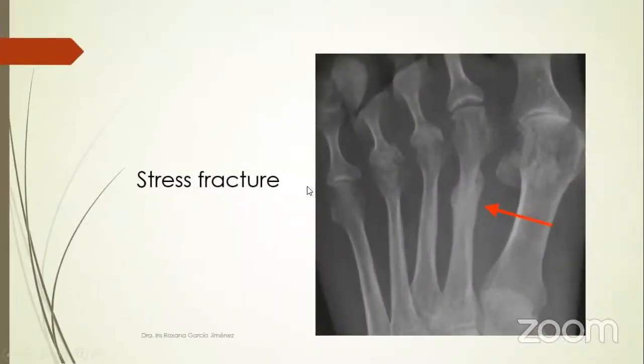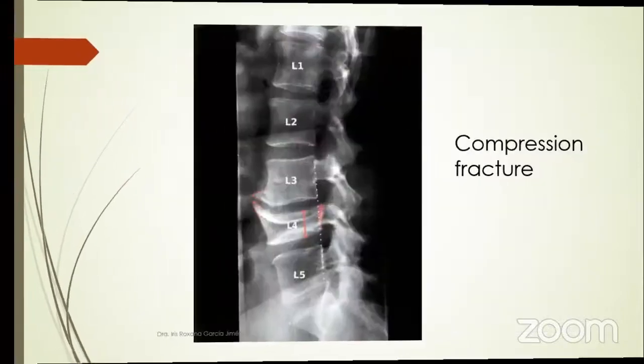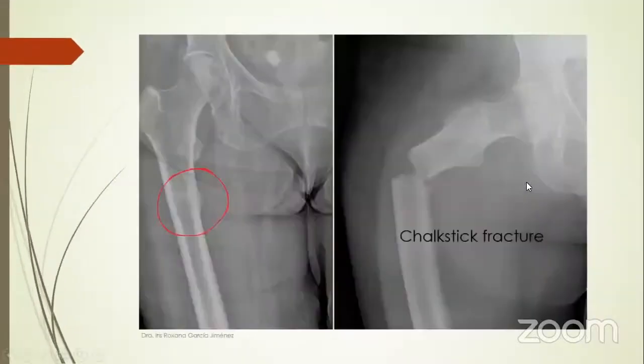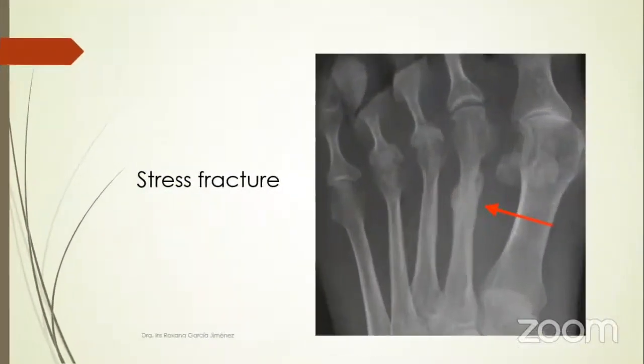The stress fracture, you could see it, right? Here is the fracture, here is, I forgot the name, and it's here. The buckle, you can see the buckle here. You get the same buckle here. The same buckle, and here in the middle, the stress fracture.